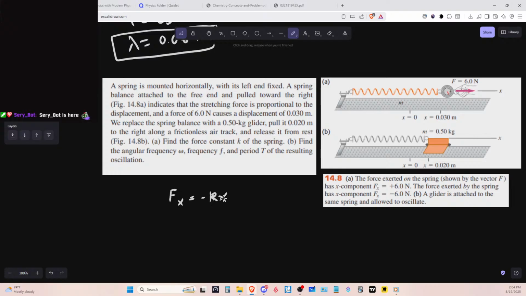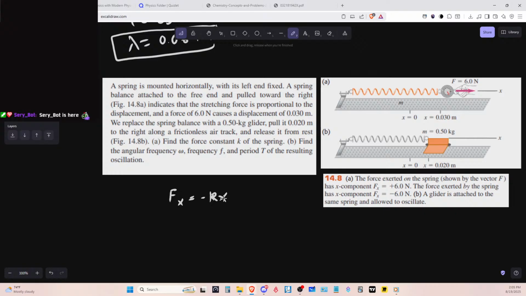We replace the spring balance with, okay, so we have a mass now, and the glider is pulled back along a frictionless track. Okay, that helps us so we don't have to worry about friction. Releases it from rest. Find the force constant k of the spring. Find the angular velocity, I mean angular frequency, and the period.